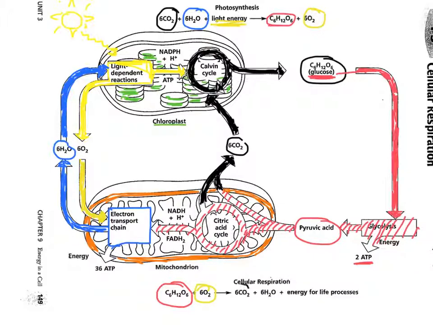And that energy is going to produce a byproduct of carbon dioxide and water, but in the end, you end up with lots and lots and lots of ATP energy. So this is the energy that's necessary for life, that ATP.